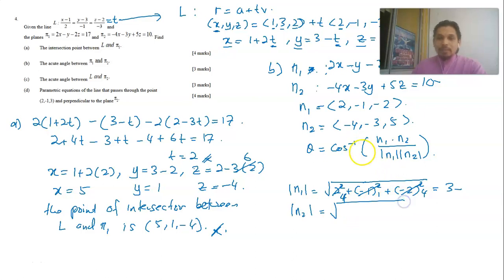Square root of negative 4 square plus negative 3 square plus 5 square. Negative 4 square equal to 16 plus 9 plus 25.